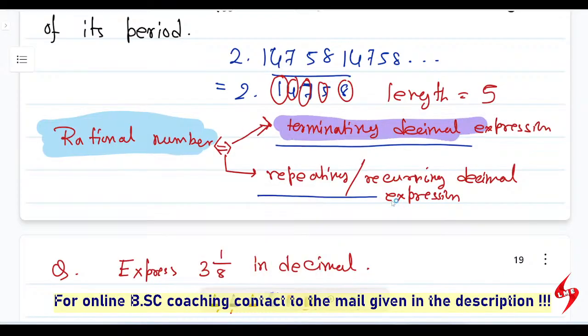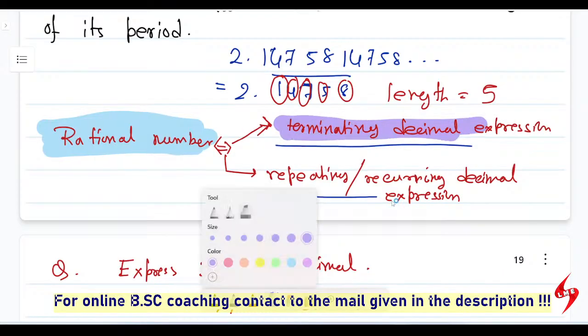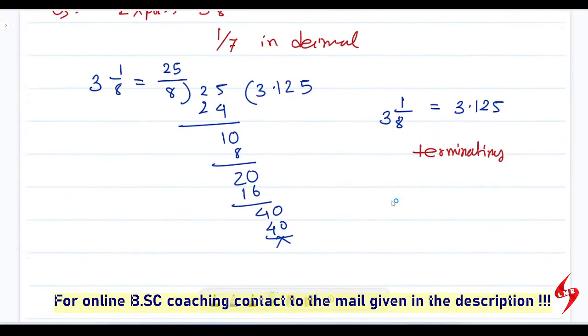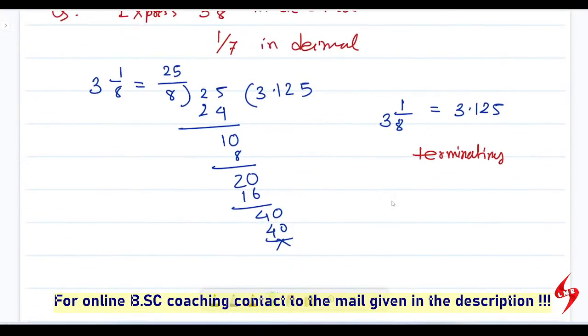One is terminating, another is repeating or recurring. Here you can see that it has a terminating decimal expression, so that is a rational number.